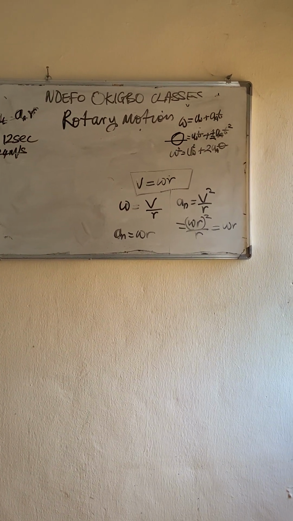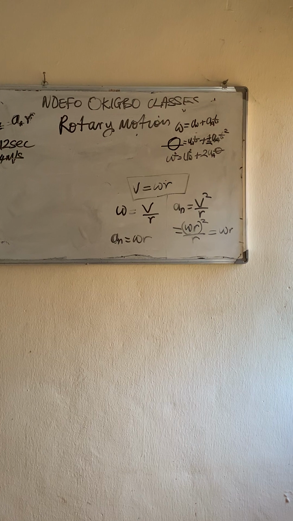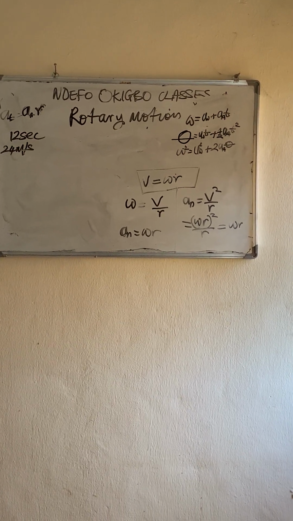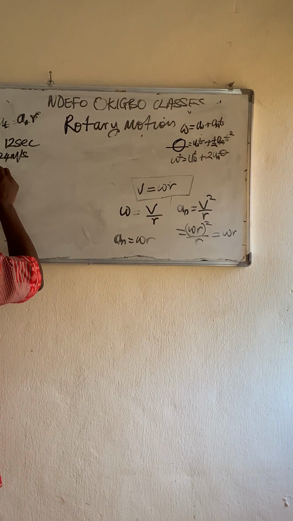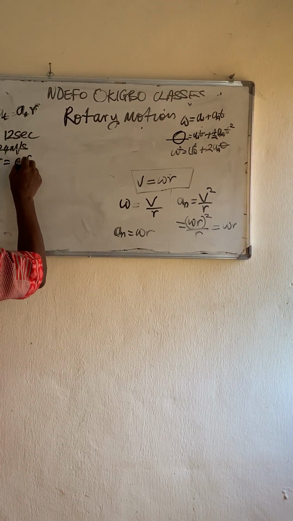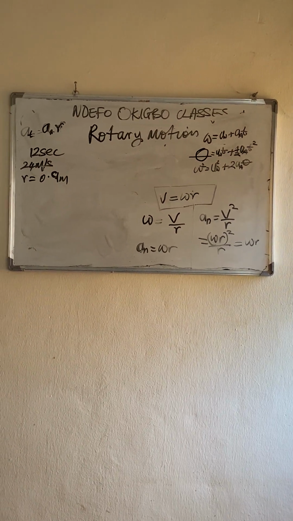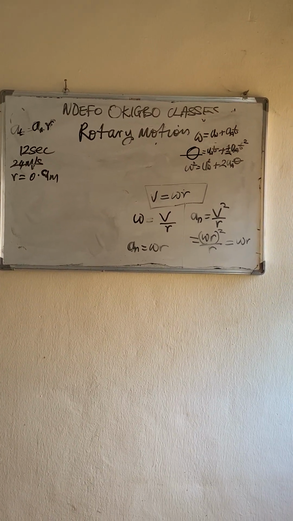If the wheel is 1.8 meters in diameter, that means the radius will be 0.9 meters.